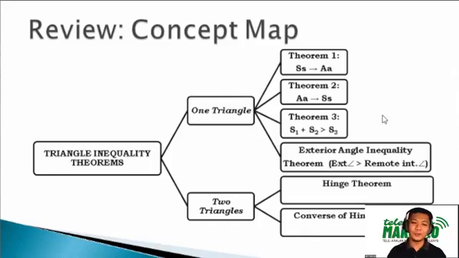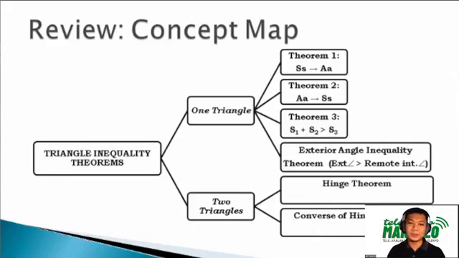Next, for the one triangle, that's the exterior angle inequality theorem. It states that the exterior angle is always greater than the remote interior angles. Remember that we have two remote interior angles. If we add them, that is equal to the measure of the exterior angle.